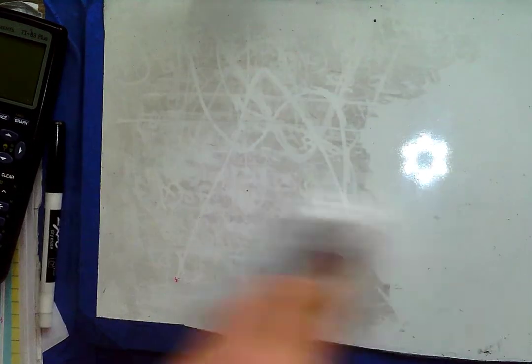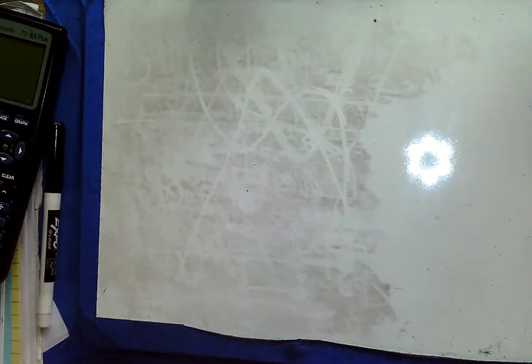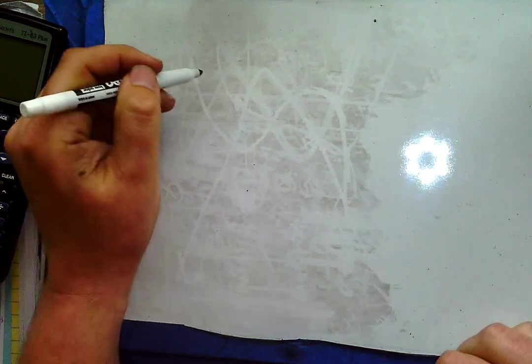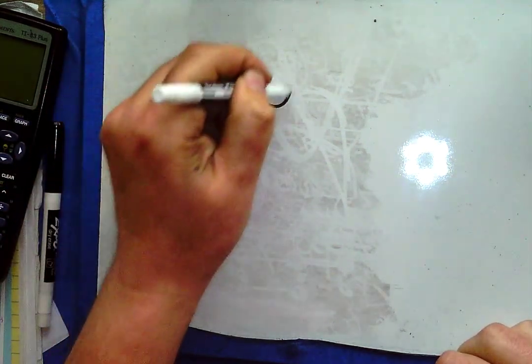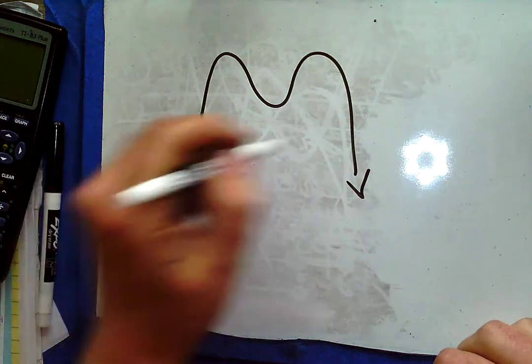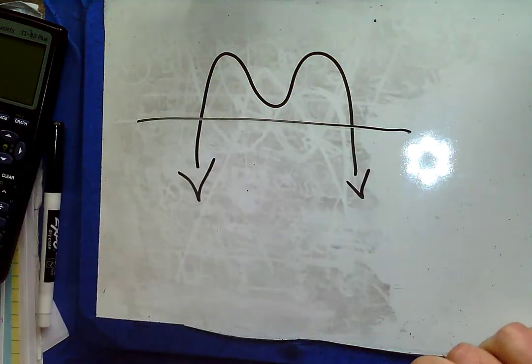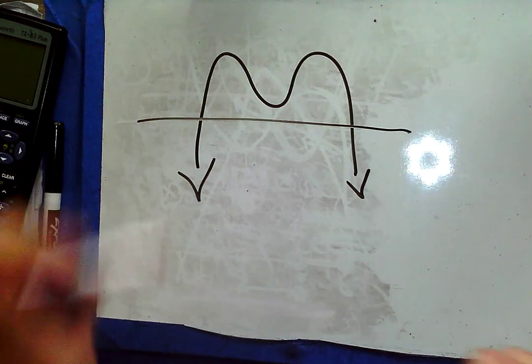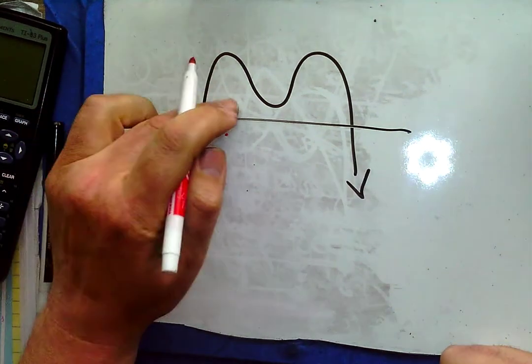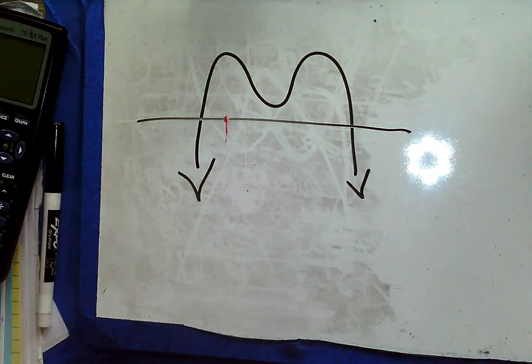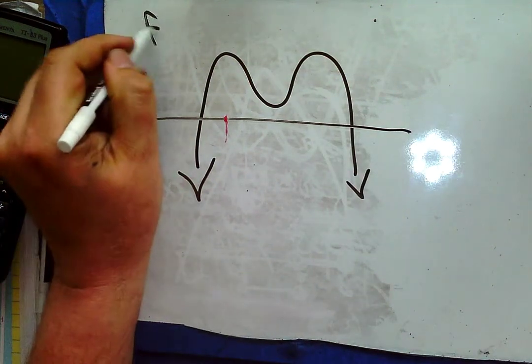All right, so will you try this one? I guess I want to start here. Okay, so this is a graph of f of x.